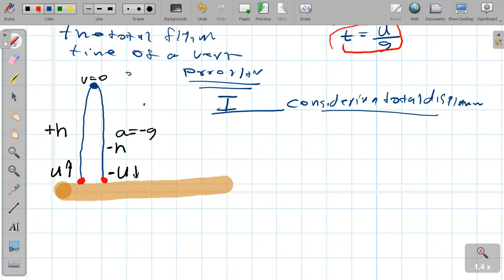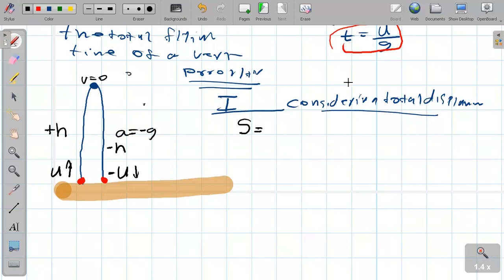What about the total displacement now? It reached some positive height and came back along the same path to here. What is the total displacement? What is S? Yes, Devmi, really good.